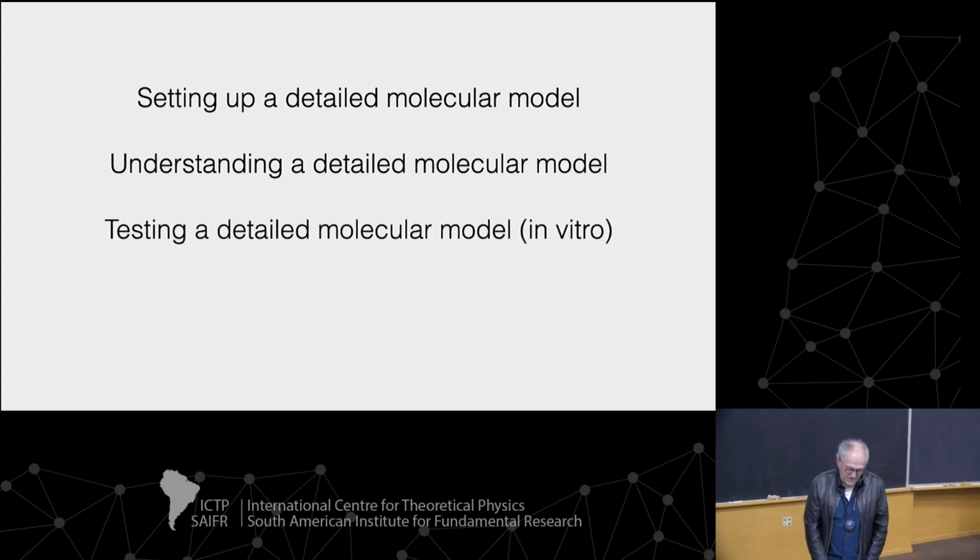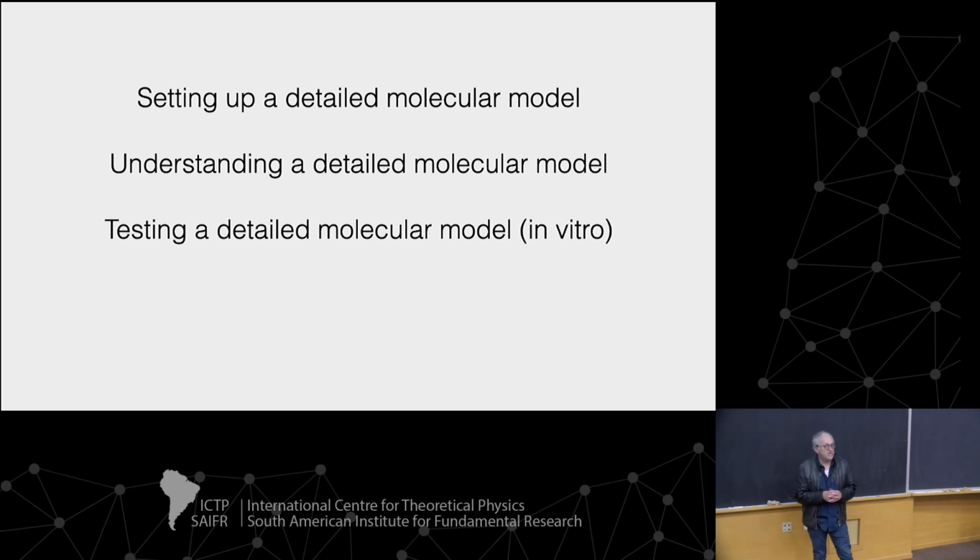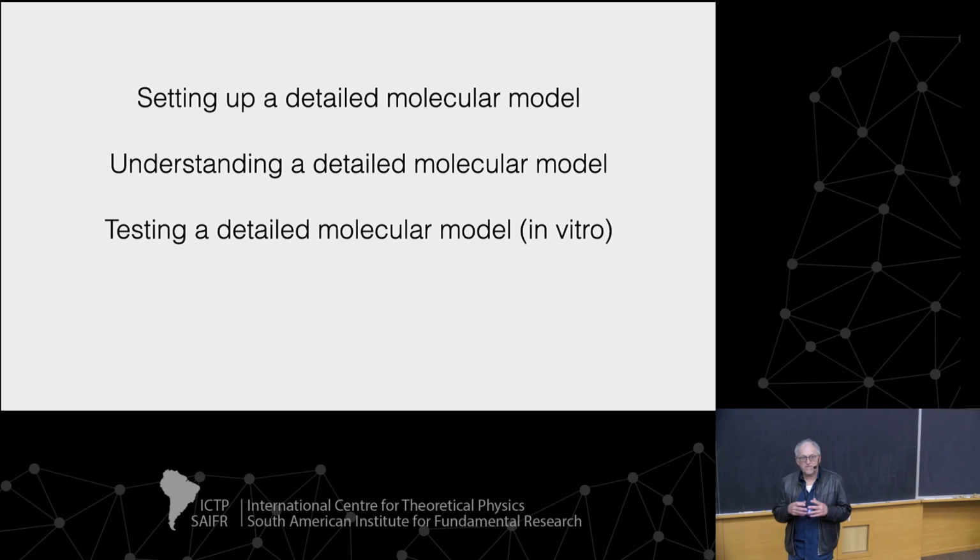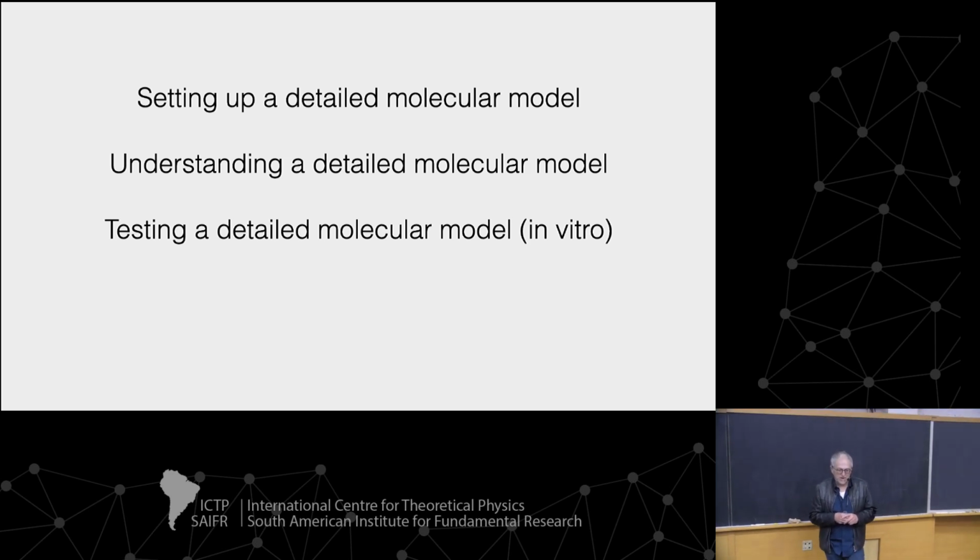The third point will be, as a good theoretician, you have to test your model. You have to test whether it's actually true and can explain concretely, specifically experimental data. Not just from a phenomenological point of view, but really as a function of parameters, as a function of different environmental conditions, etc. Now in biology or biological physics, there's various ways of testing theories.